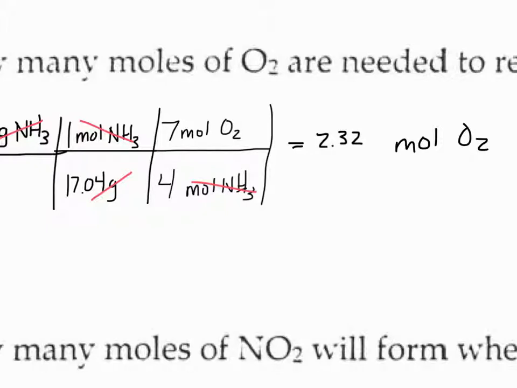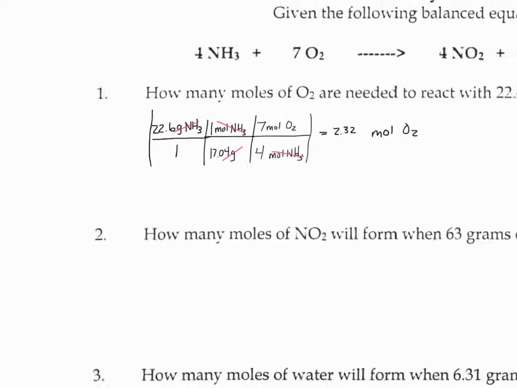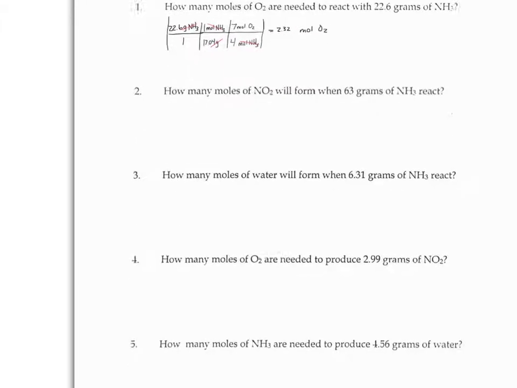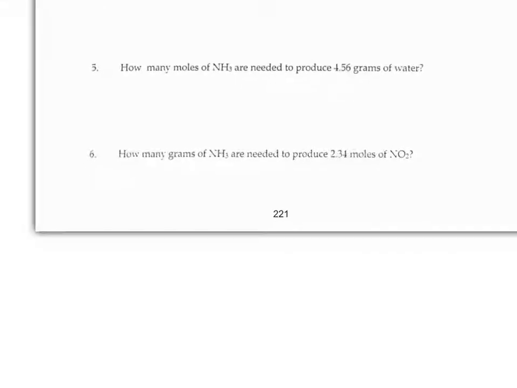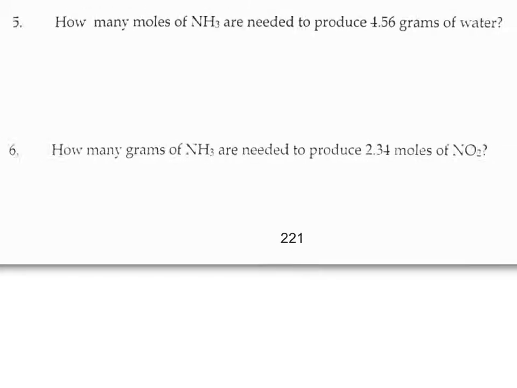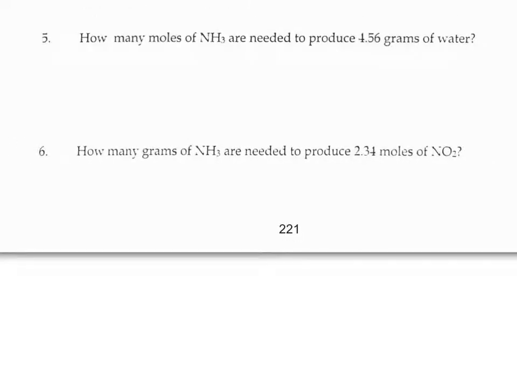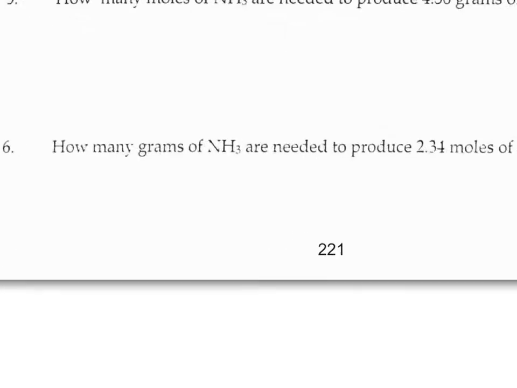Now, let's do one that's a little different. So instead of starting out with grams, we're going to start out with moles. So number 6 here. How many grams, so now we're trying to find grams, of NH3 are needed to produce 2.34 moles of NO2? Now, even though we are going to be starting from moles, it's still the same process.